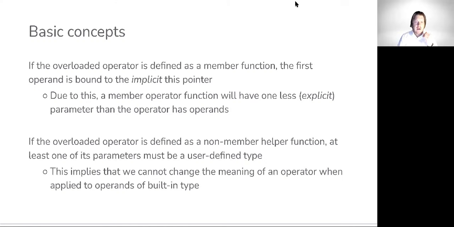The last thing we're going to point out is something that might not be as intuitive as we'd like to think the first time around, but there's going to be a slight difference in the number of parameters when the function is overloaded as a member function versus when it is overloaded as a non-member function.